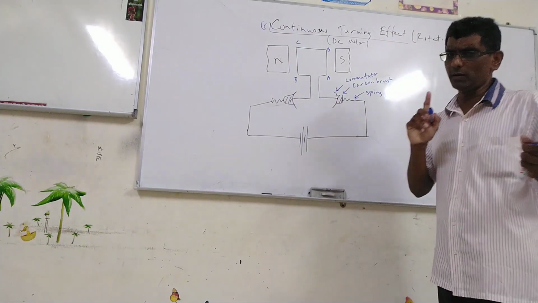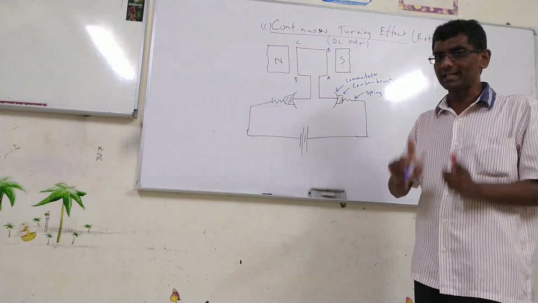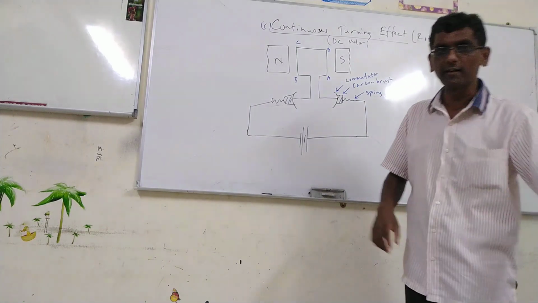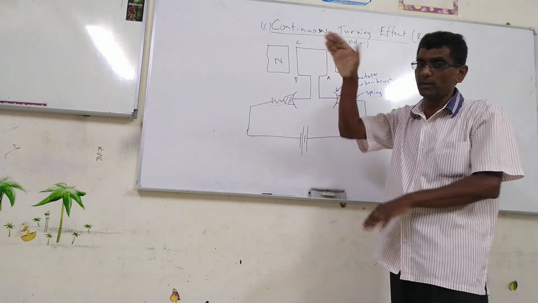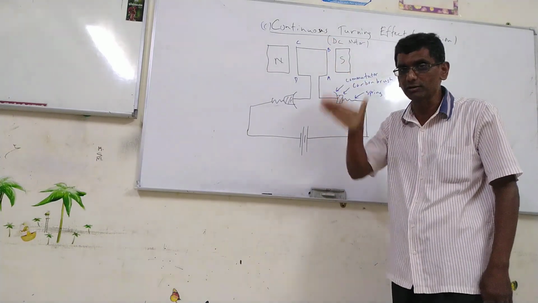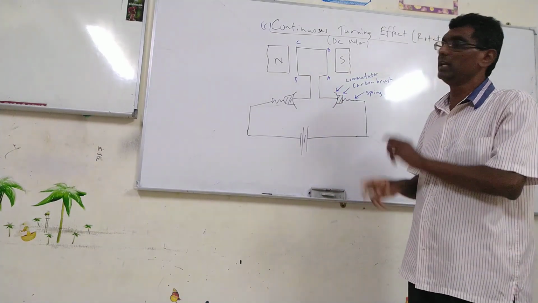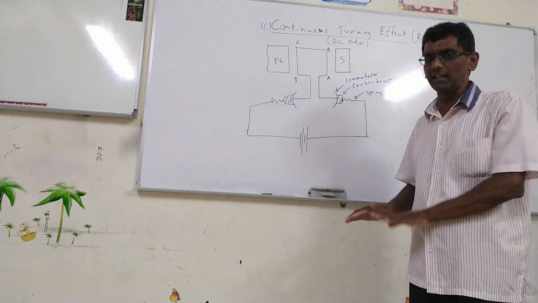We learn first A, force on current carrying conductor in magnetic field. That means you get force upwards or downwards. Then we learn B, turning effect of the coil in magnetic field.